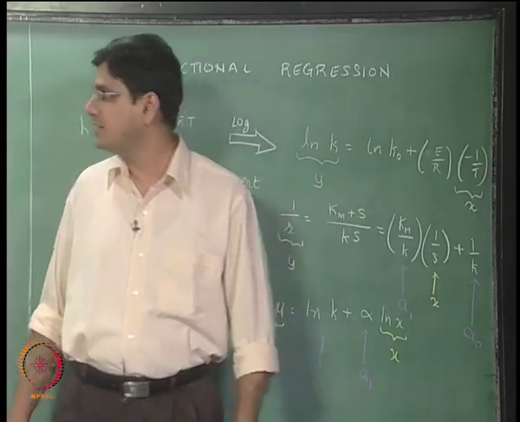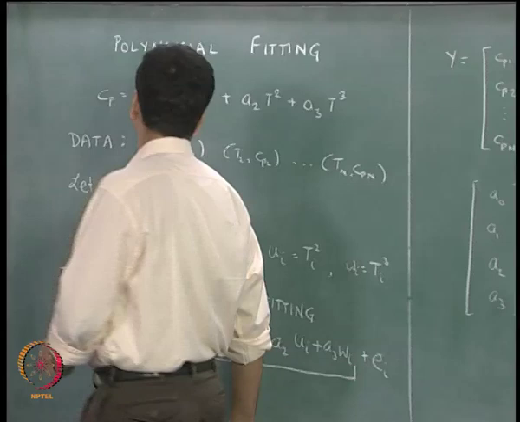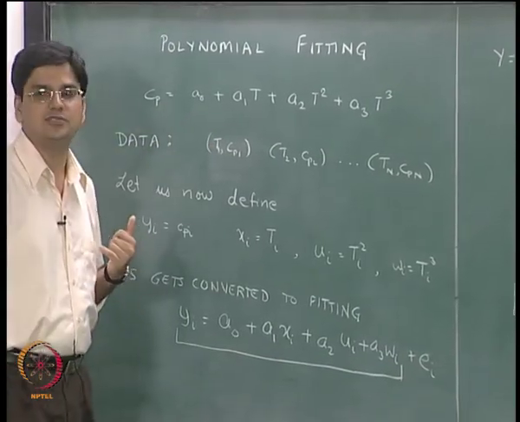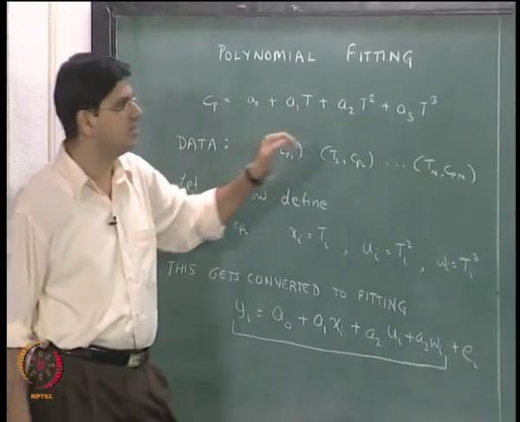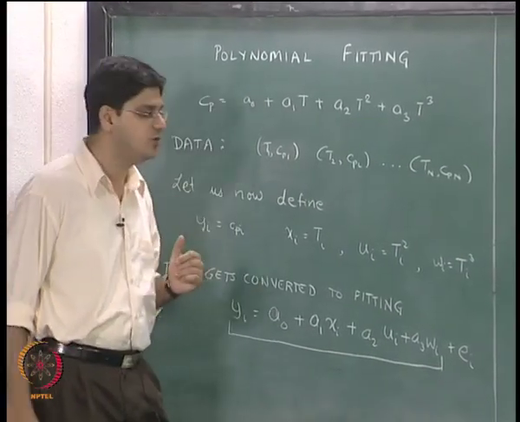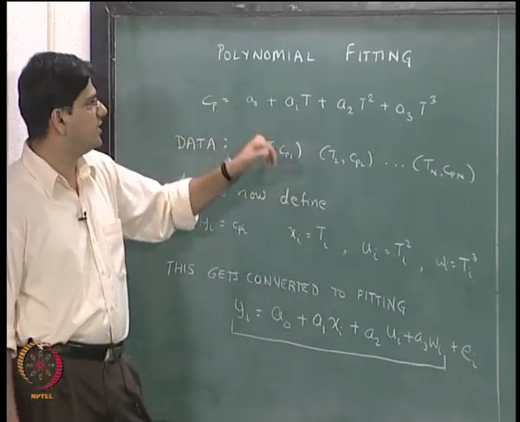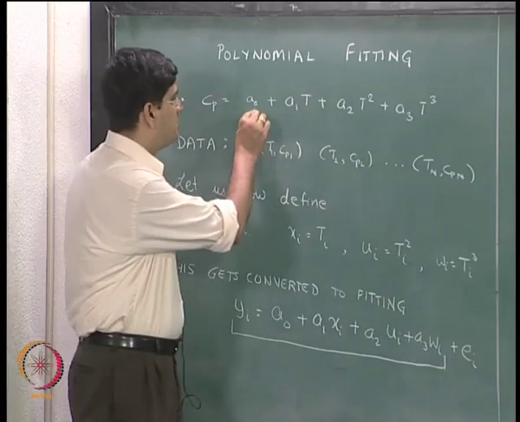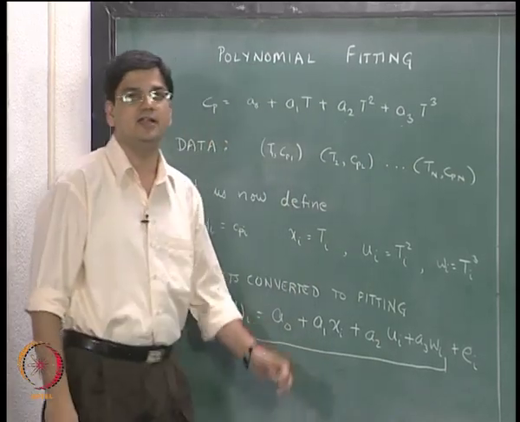If we go back to what we looked at when we talked about polynomial fitting, one of the questions that often gets asked is, this is not a linear equation, so how can we do a linear fit? Well, it is not linear in terms of the temperature T. However, in terms of the parameters a0, a1, a2 and a3, this is indeed linear.